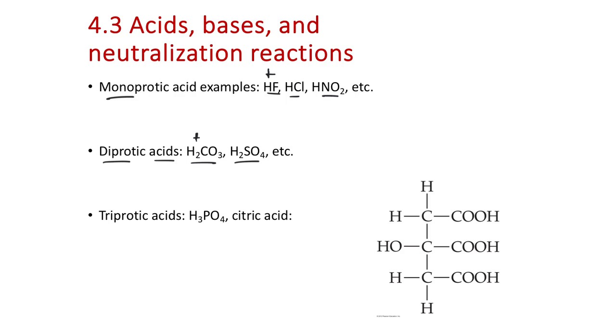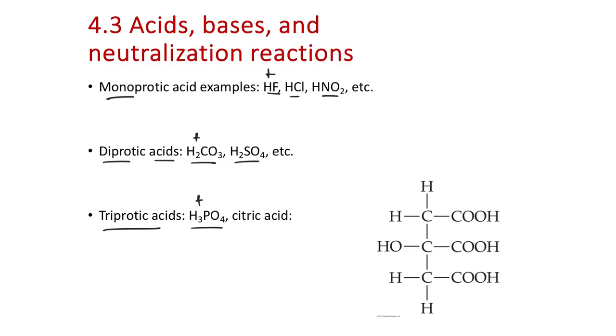So diprotic acids have 2 H pluses that they can lose. A good example of a triprotic acid is H3PO4, because it has 3 H pluses that it can lose into solution. It doesn't do it just in water, but we'll see that if you add something like a base to it, you can kick those H pluses off. So we'll see that in a moment. But we would call H3PO4 a triprotic acid.